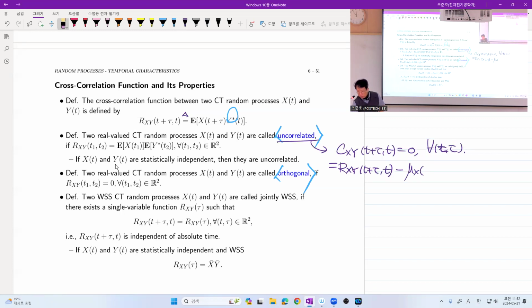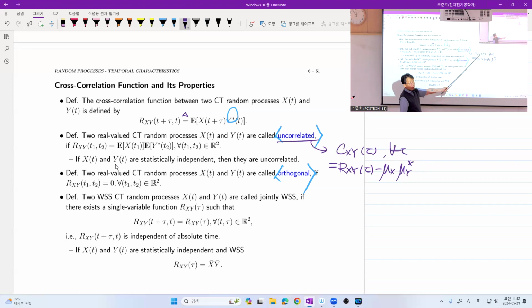Sorry, we assume joint wide-sense stationarity, so let me use tau only. Something like this, okay, if I remember correctly. Yeah. So if this is 0, what does that mean? The autocorrelation function is simply the product of the mean parts of the random processes. So you have this one, ready?